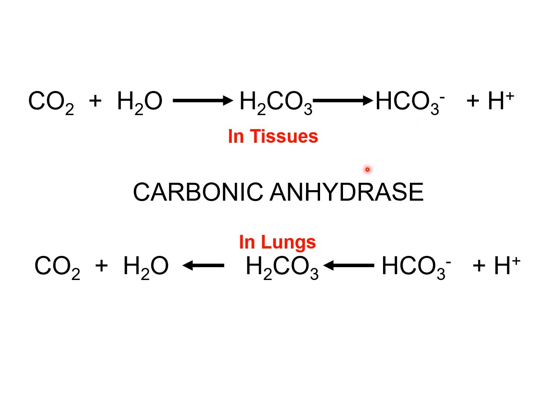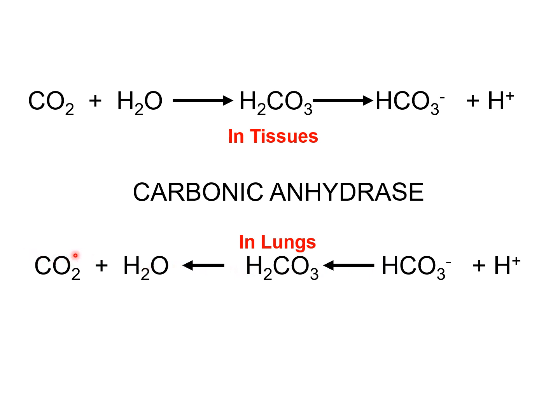When the same blood arrives into the lungs, carbonic anhydrase inside the red blood cells is going to reverse its action. Carbonic anhydrase in the blood that is streaming through the lungs will take bicarbonate and change it back into carbon dioxide.